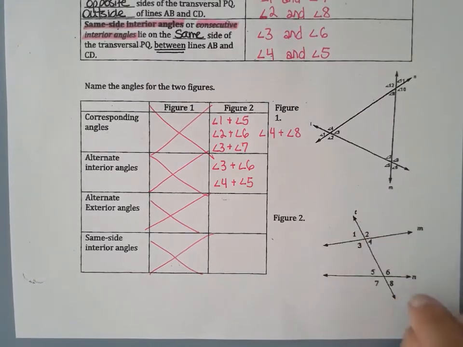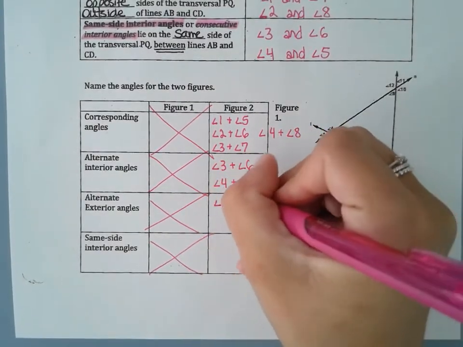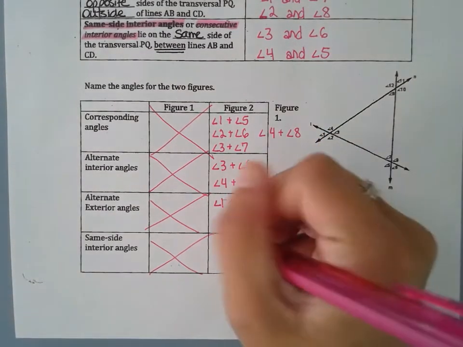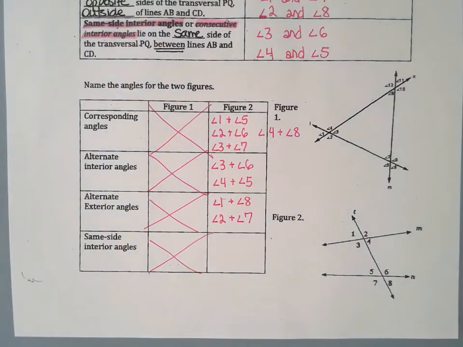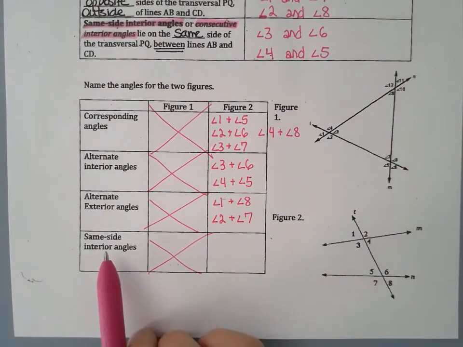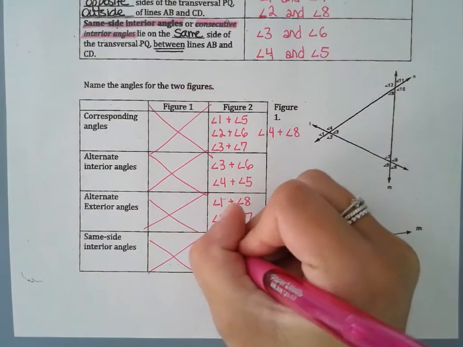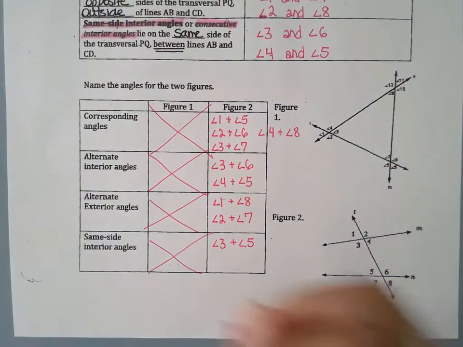Angle 1 matches with angle 8. Angle 2 matches with angle 7. And then finally, same side interior angles. These are inside the two parallel lines. 3 and 5 go together. And 4 and 6 go together.